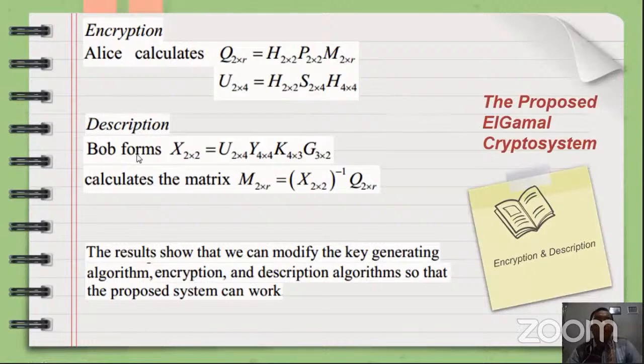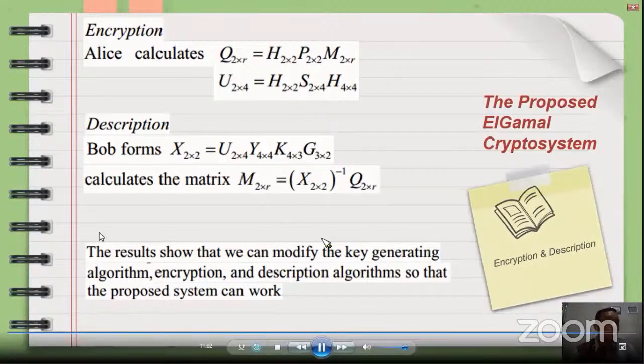In the decryption, bar from X equals U times Y times K times G, whereas G is the private key. G is secret. G is only held by Bob. Next, Bob calculates the matrix M to rewrite the plain text with this equation.